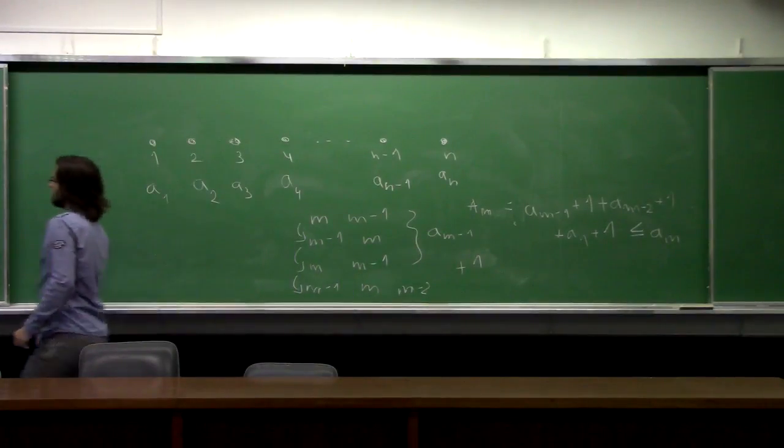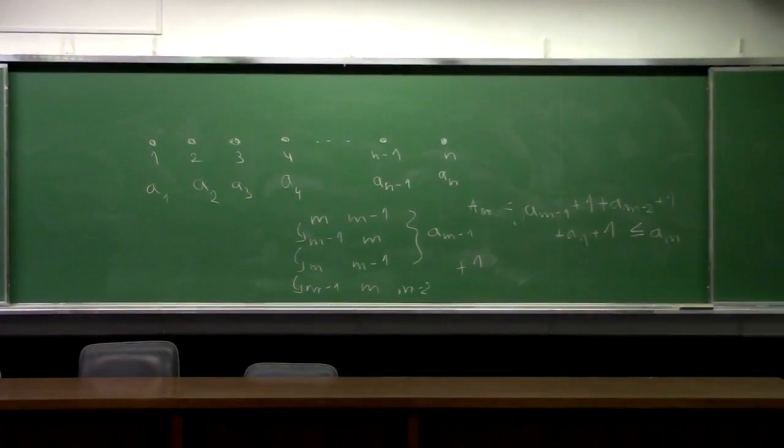So if small a_m is greater or equal to uppercase S_m, then we know, well, the organizers give a lemma that if m is the last car for which this is true, the largest m, then for each k not equal to m, we have s_k greater or equal to a_k.